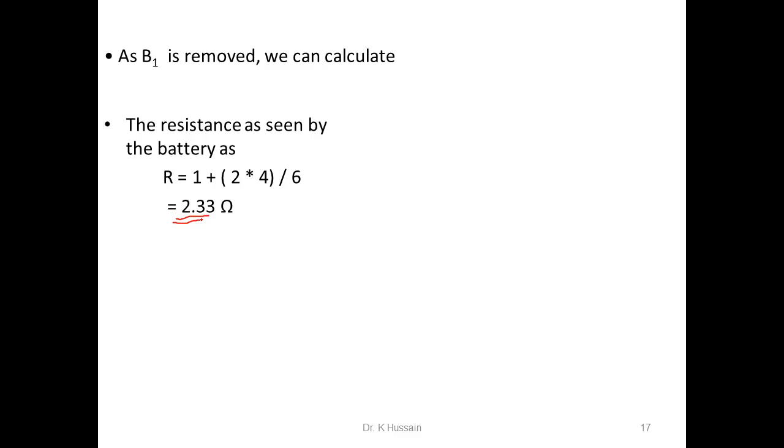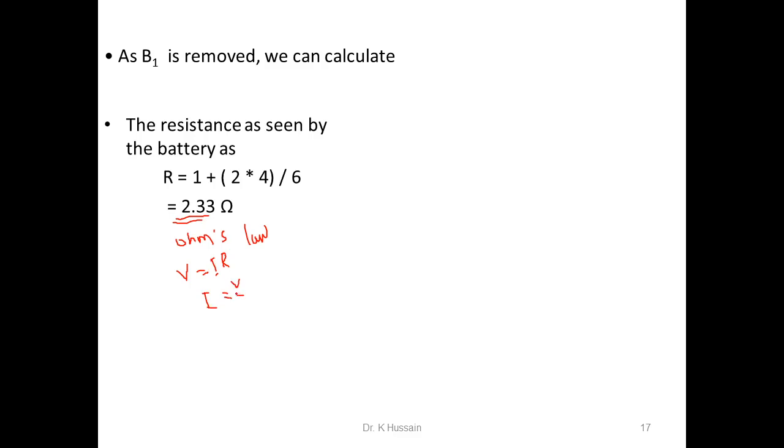Now you have to find the current. How to find it? Again you have to use Ohm's law, right? What is Ohm's law here? Okay, V equal to IR. That only you have to use here. Nothing else is required, it is a very simple law. Directly you go for V equal to IR, because you want to find this current here. So what is the current here? V by R, right?